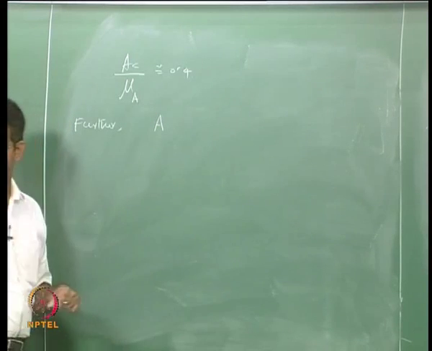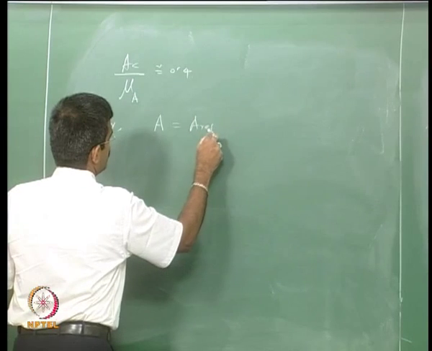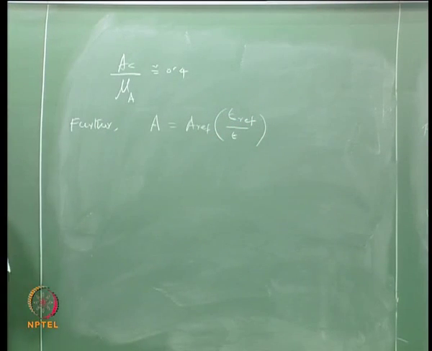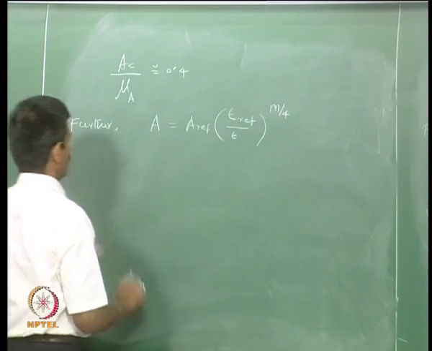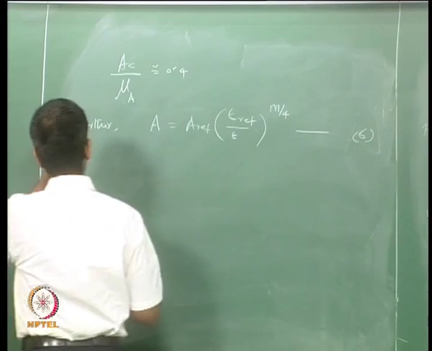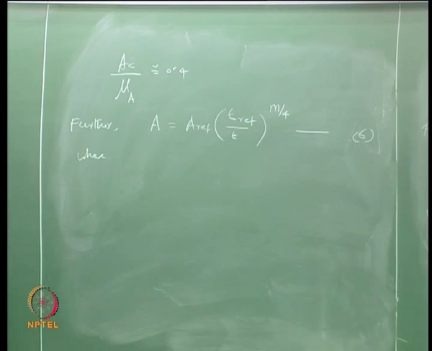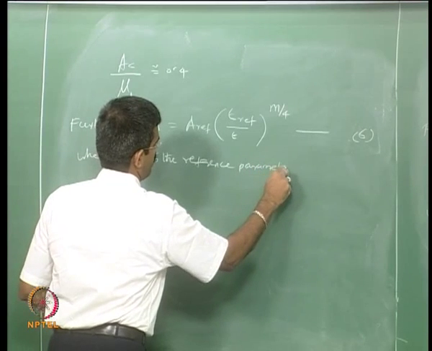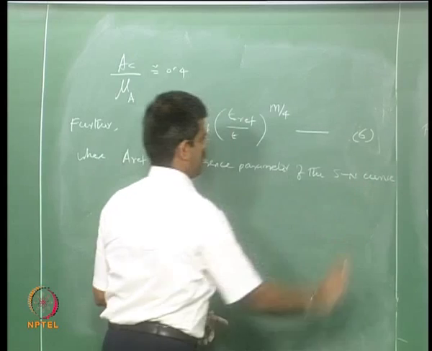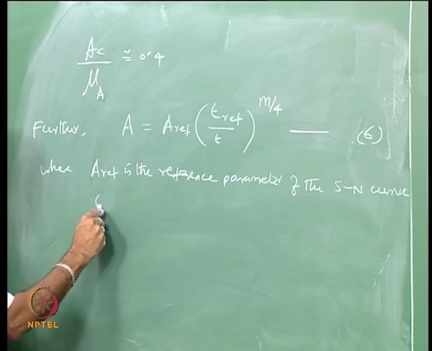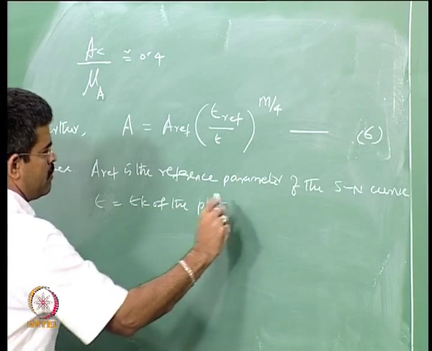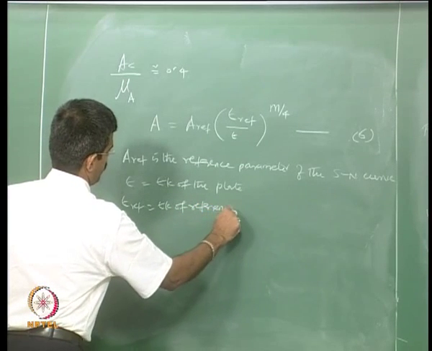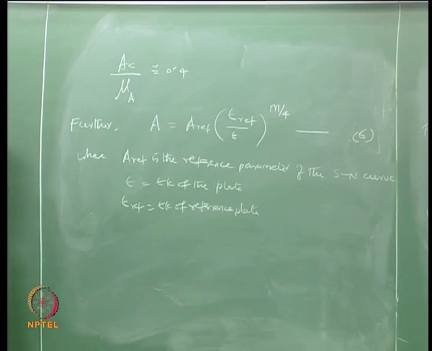Therefore, A is also given by A reference, T reference by T, raised to the power of m by 4, equation number 6, where A reference is the reference parameter of the SN curve, T is the thickness of the plate which is being used for the study, and T reference is the thickness of the reference plate based on which the SN curve is plotted. Both of them are measured in millimeters.